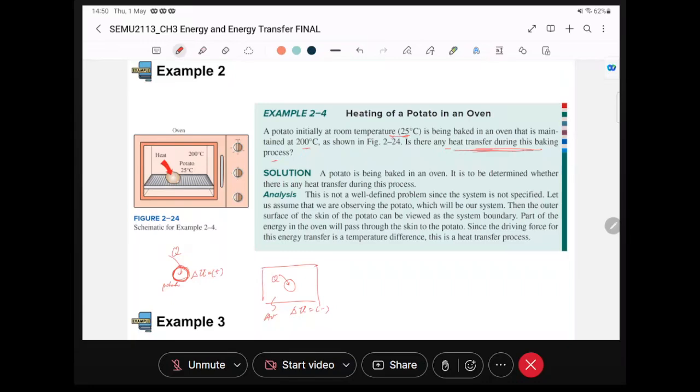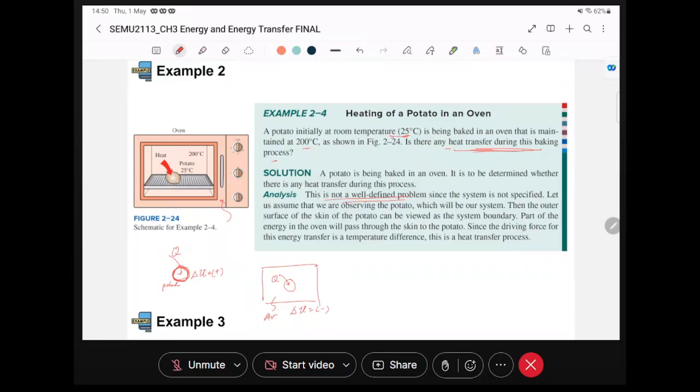Okay. So for this question, you can see the answer is actually not a well-defined problem because first, the question didn't tell us whether there is electrical energy running the oven or not. Second, where is the system boundary? So we can't actually answer this question.